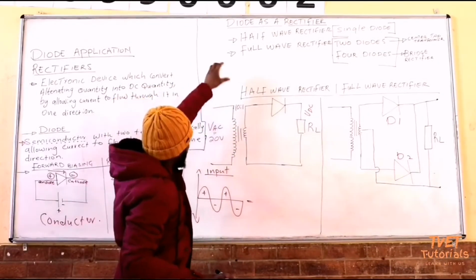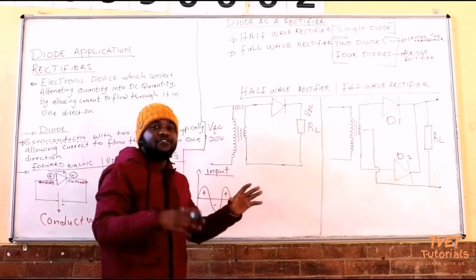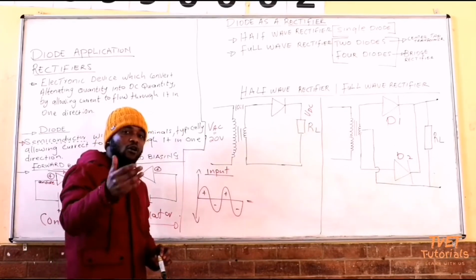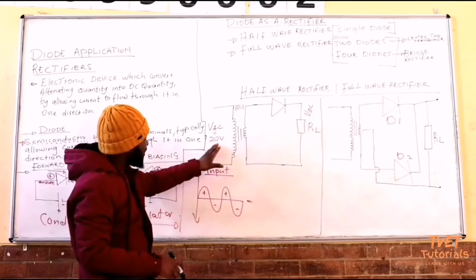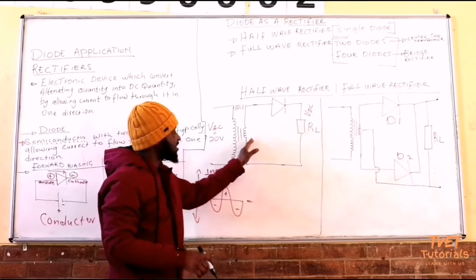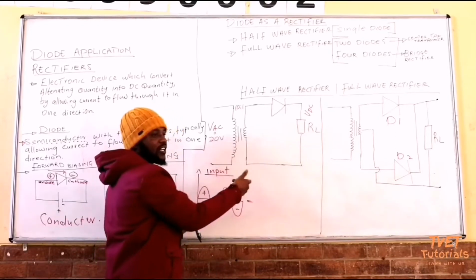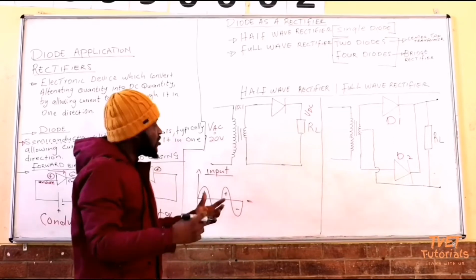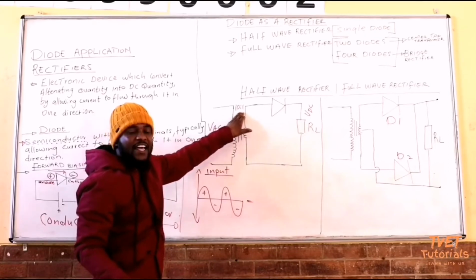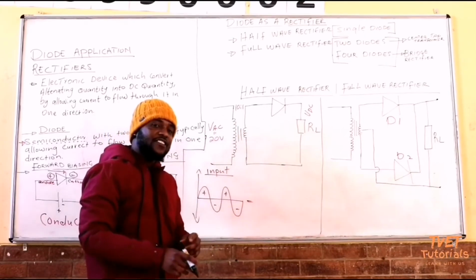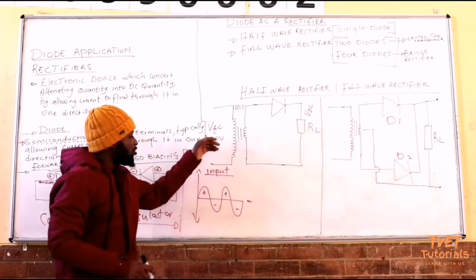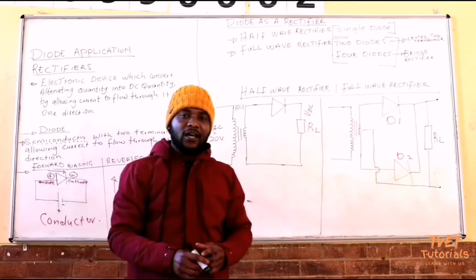But remember, what you are going to convert here, I believe you know guys about RMS values and maximum values or peak values, maximum or peak, right? So if you are given values like this here, you are then required to start by calculating the secondary voltage. Now, when you have the secondary voltage, if they did not specify, they just gave you values like 20 and 10 is to 1, and then you apply the transformer ratio formula to calculate the secondary voltage, you assume that what you have calculated is an RMS value, right?